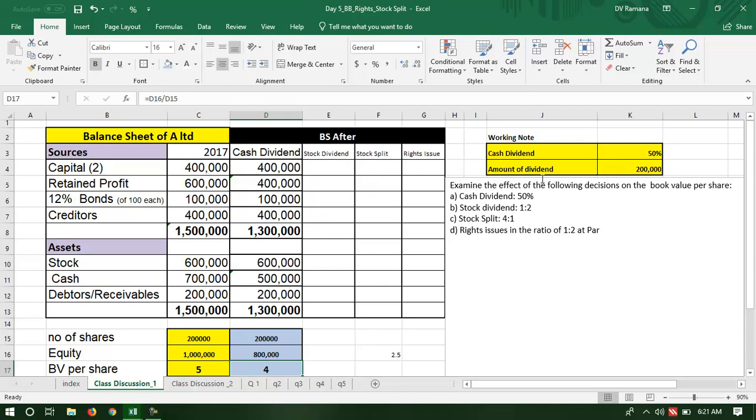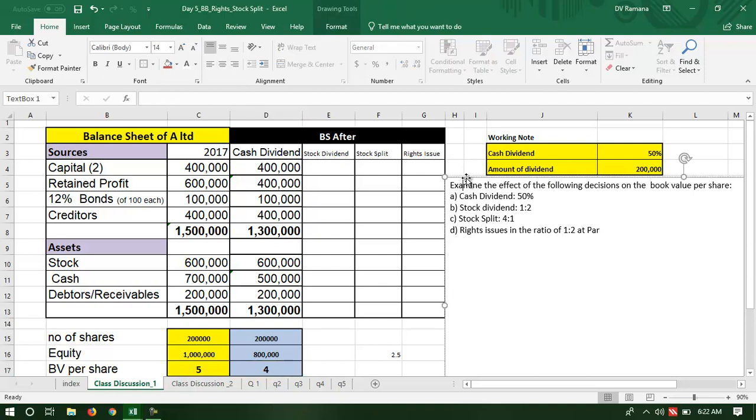Will the impact be the same when there is a stock dividend? Now let us examine. Stock dividend is a distribution of profit in the form of shares.